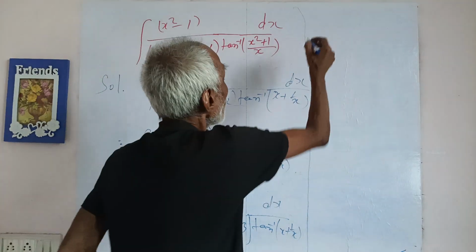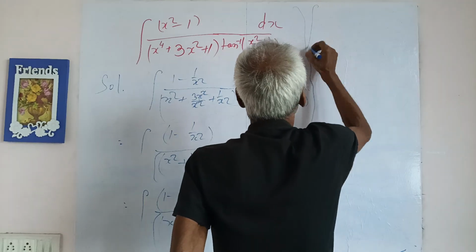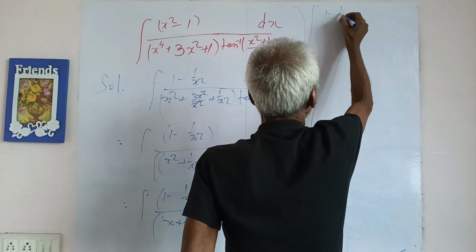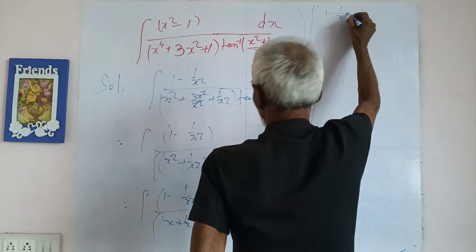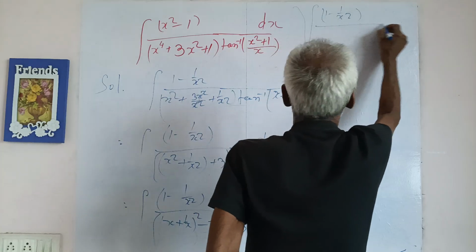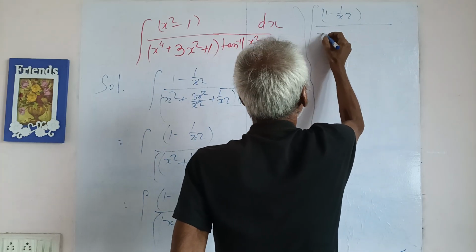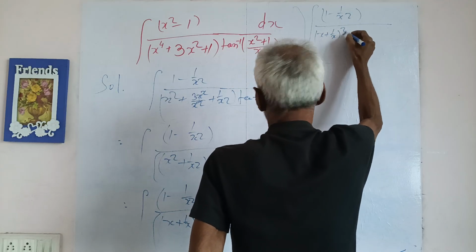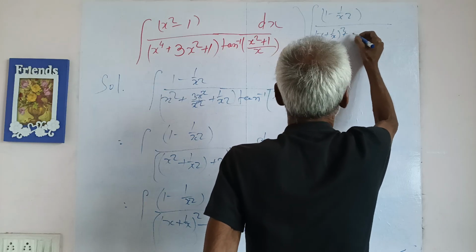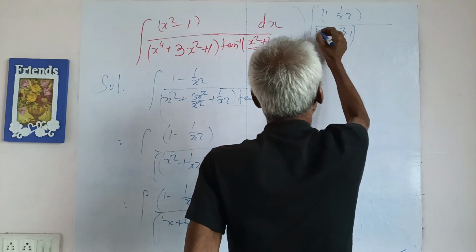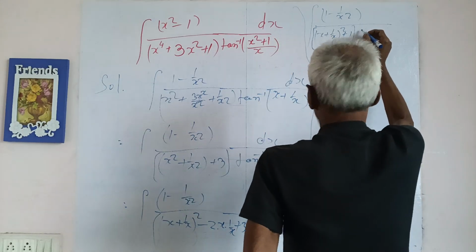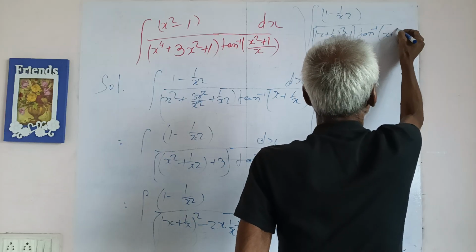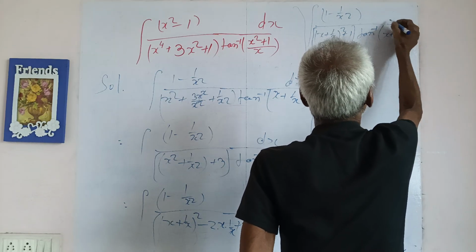Now write 1 minus 1 by x square, by x plus 1 by x whole square plus 1, into tan inverse x plus 1 by x dx.